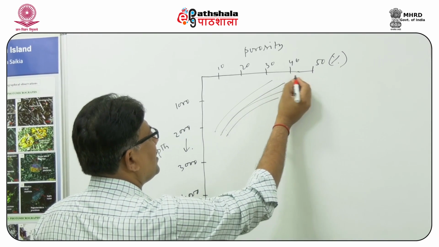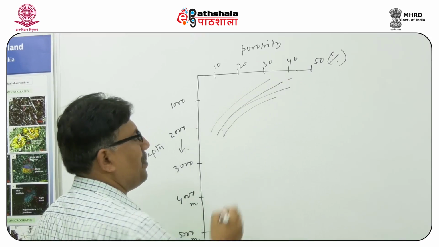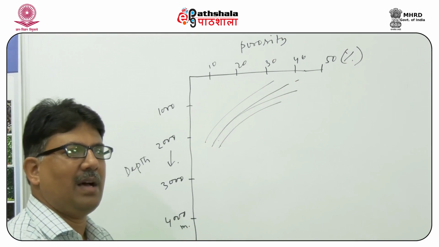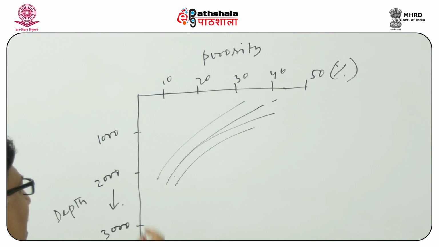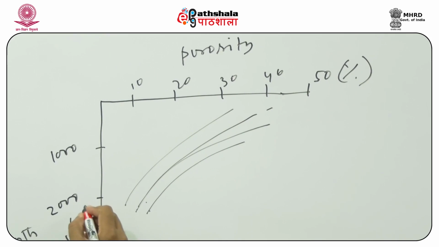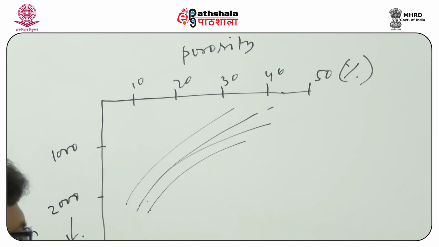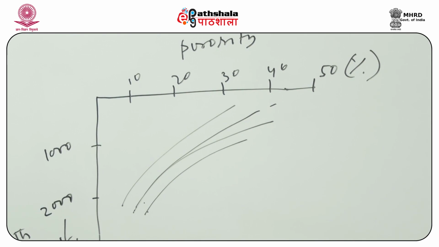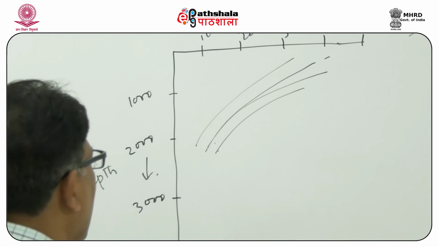So I start with about 40-45% porosity, and then with the burial and compaction of the sediment, you can see that the porosity can go below 10% even at a depth of about 2000 meters. Now let us see what is the temperature range within which the oil gets formed.